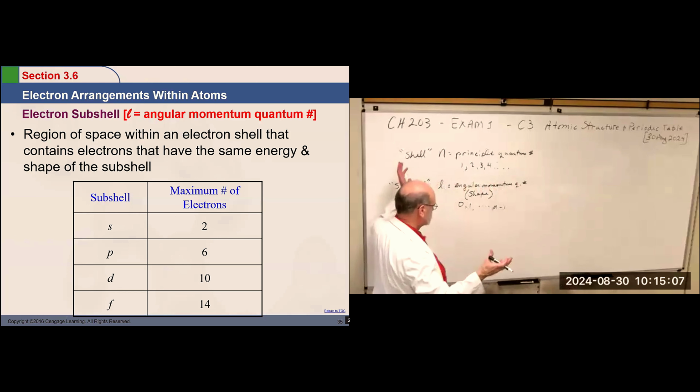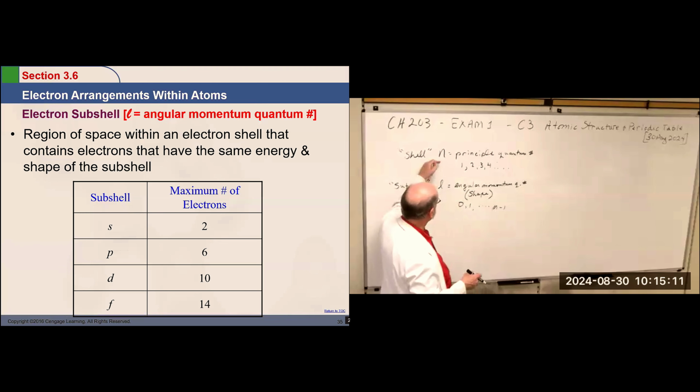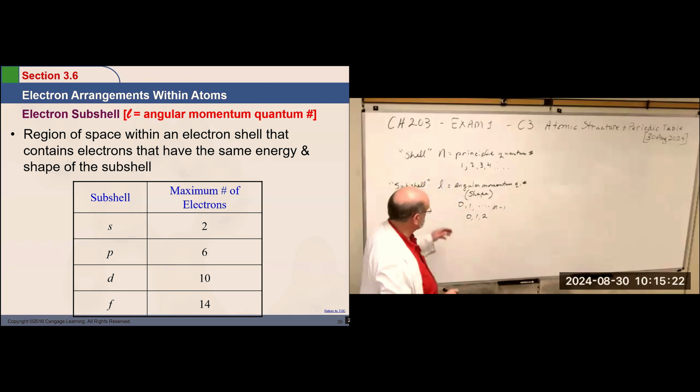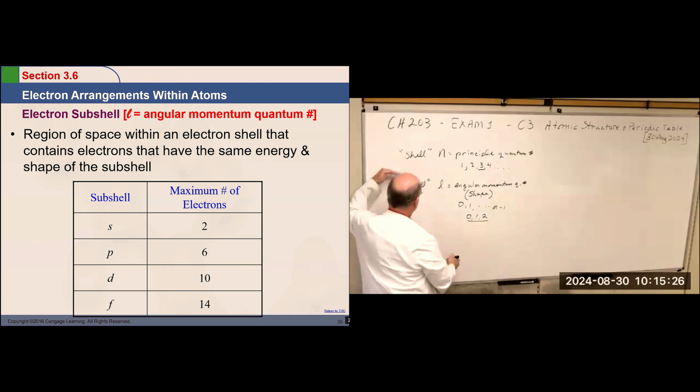So let's just say, for example, we use a 3. We're at N equals 3, then we can have as many L's as 0, 1, and 2. So we can have 3 subshells out of that one shell.